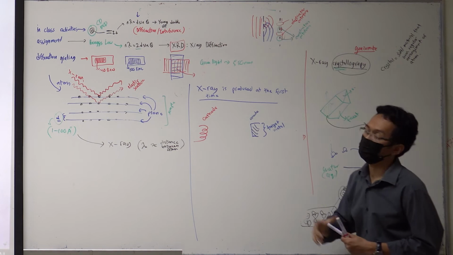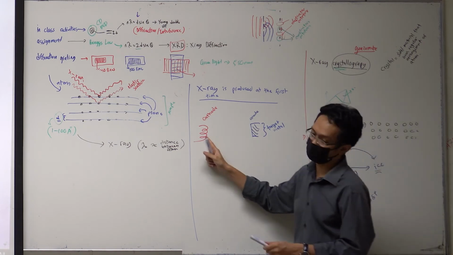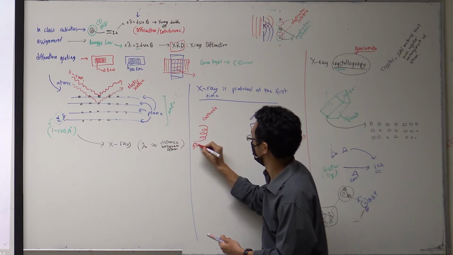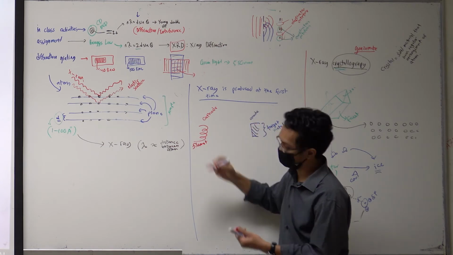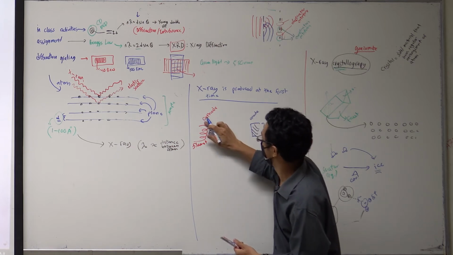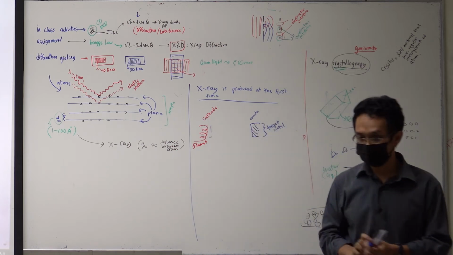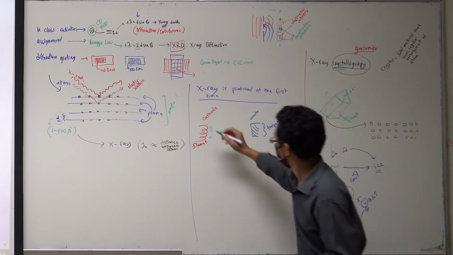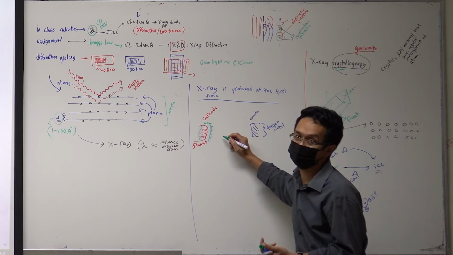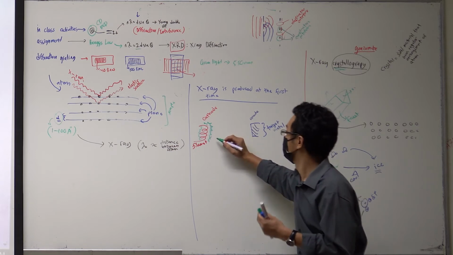So in order to produce an X-ray, this tungsten filament is heated up. When you heat something to a very high temperature, something happens.